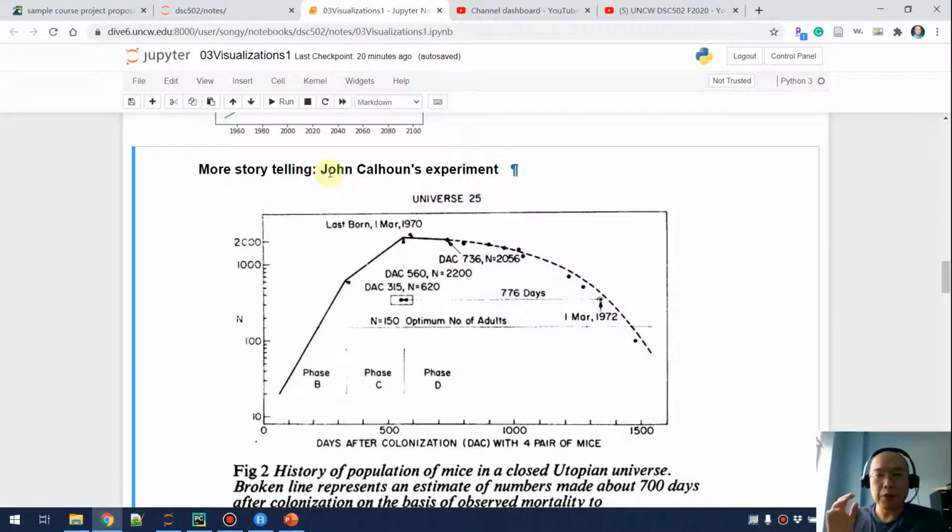So in a very short period of time, the researcher observed that the population of the mice increased a lot. But at a certain point, he found that the area, even though it's big, had really too many mice, and the area became crowded. And what happened?